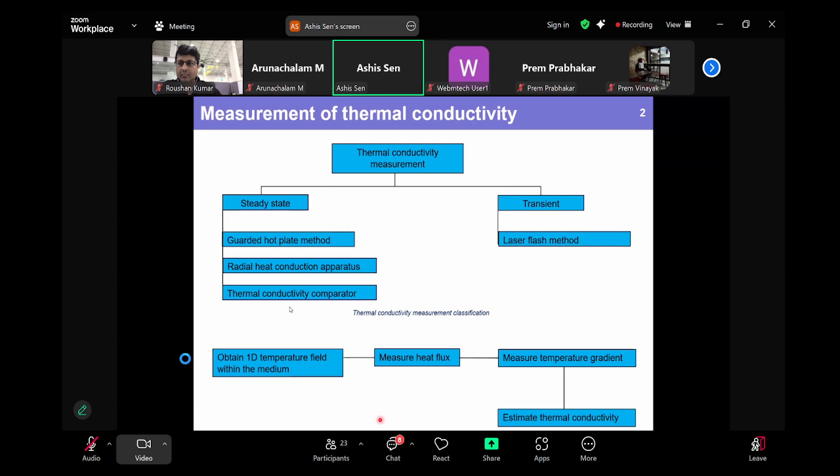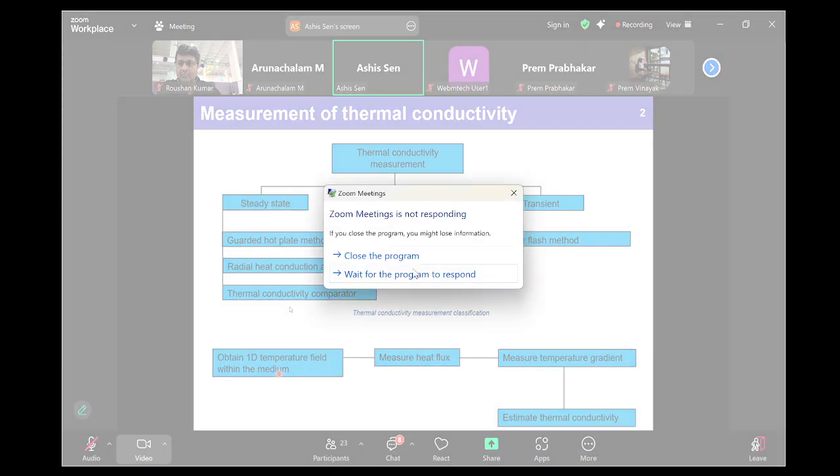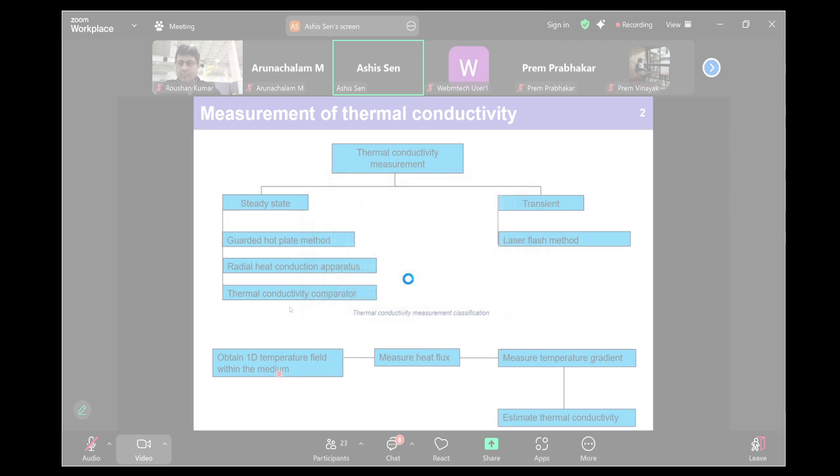So the general approach is we obtain a one-dimensional temperature field within the medium whose thermal conductivity we want to measure. We create a one-dimensional temperature field by appropriately taking steps so that the heat is only confined to one direction.